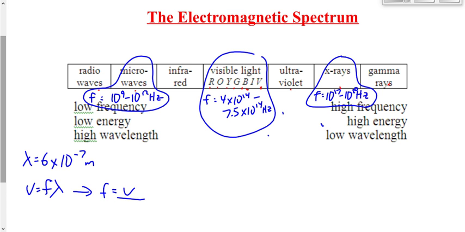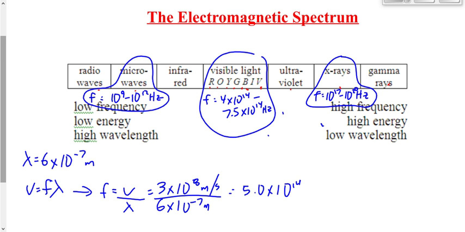You guys remember that equation from Physics 20? What's the speed again? Speed of light in a vacuum is? It's a billion kilometers per hour, or 3 times 10 to the 8 meters per second. Divide that by 6 times 10 to the negative 7 meters. And what do we get for frequency here? 5.0 times 10 to the 14 hertz. What is it?